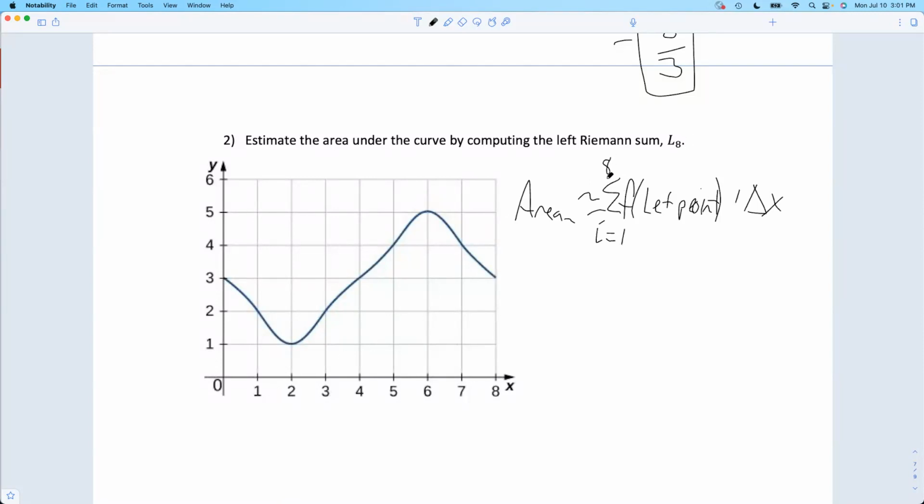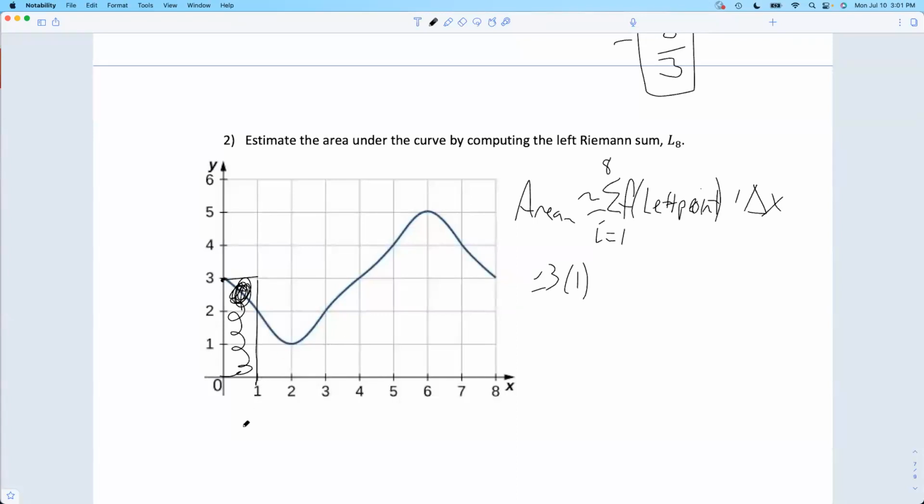It says we're doing 8 of them. Okay, so my first one, my function value here is right there at 3. I want that area. That's my first rectangle I'm building. So this will be the height, 3 times my width, which is just 1.